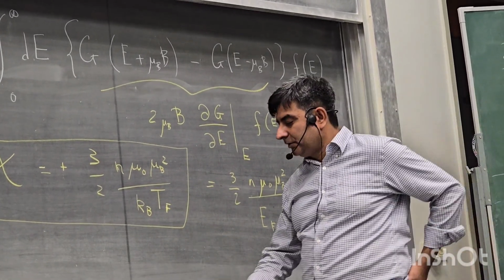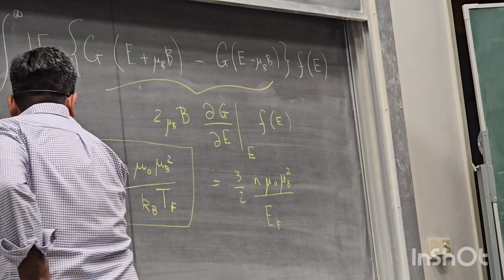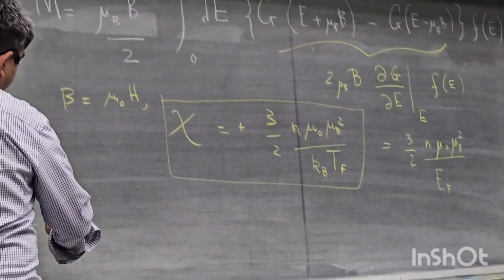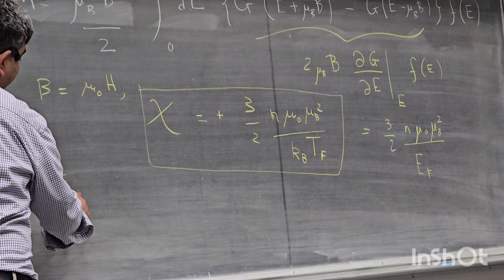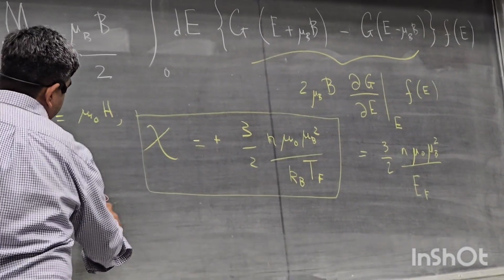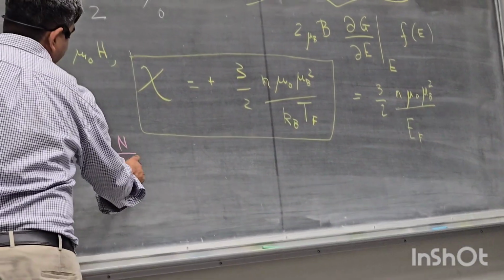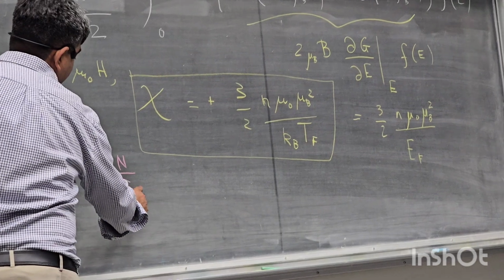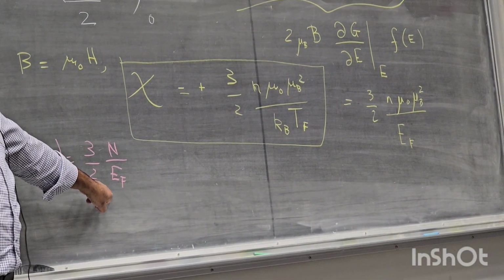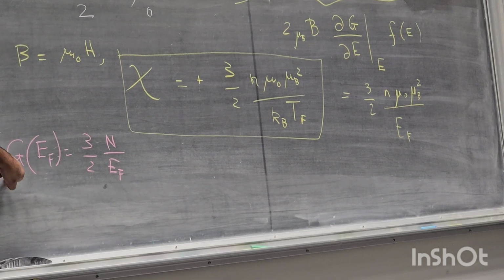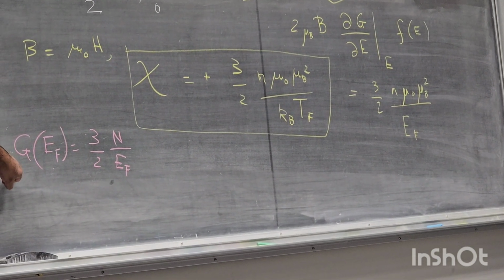We also know that, by the way, one thing to remember is that the density of states at EF is 3 over 2 n over EF. So the Fermi energy and the density of states at the Fermi energy are inversely related.